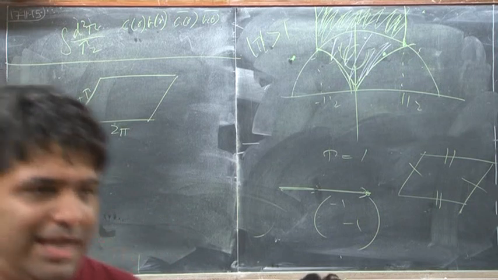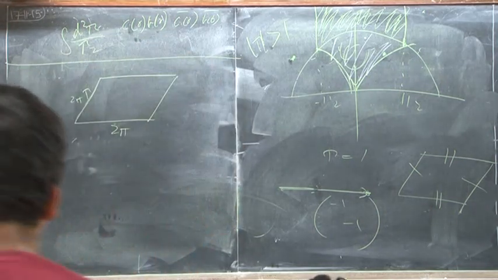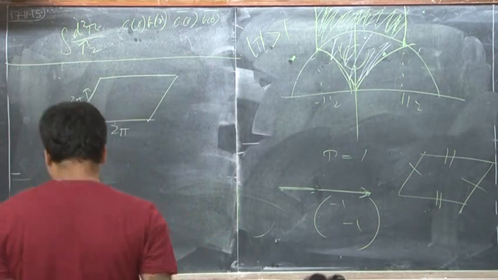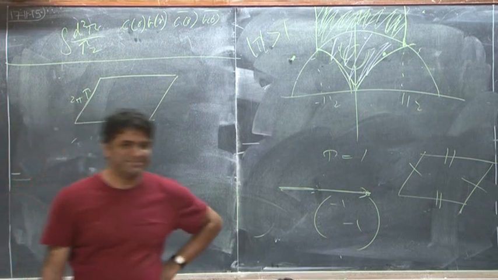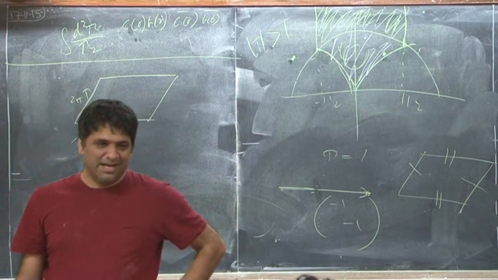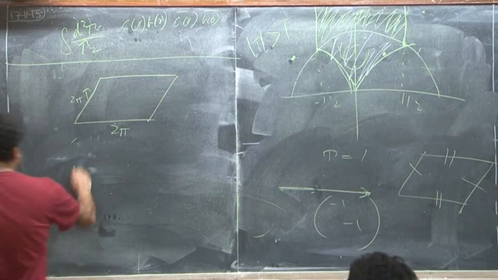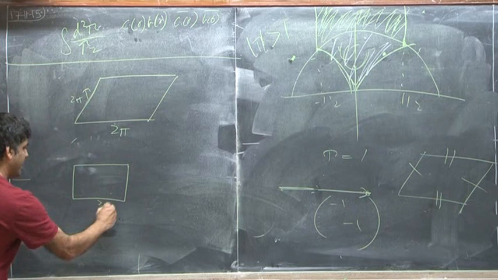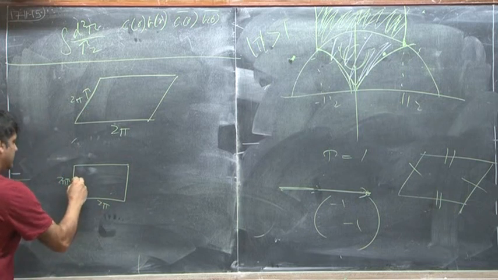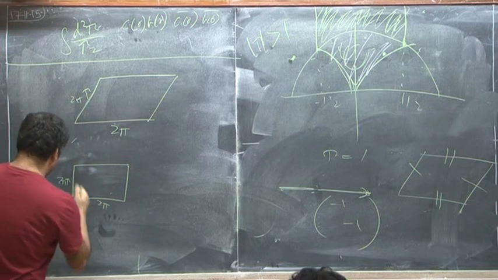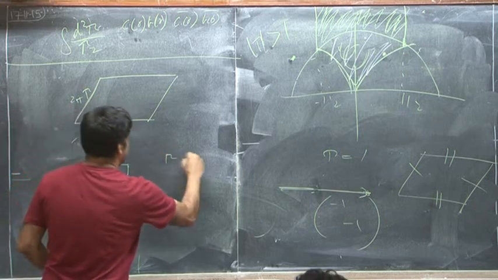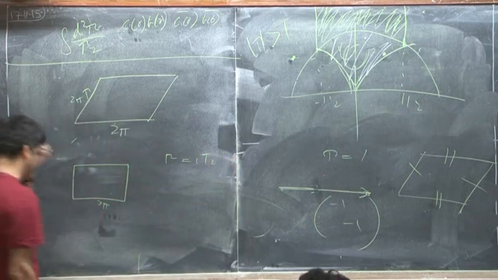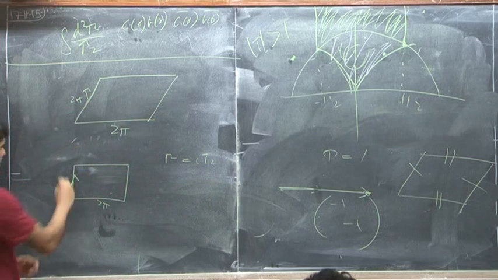Let us first look at the case where tau was purely imaginary. So then this is 2 pi, and the height is 2 pi tau 2, where tau is i tau 2.